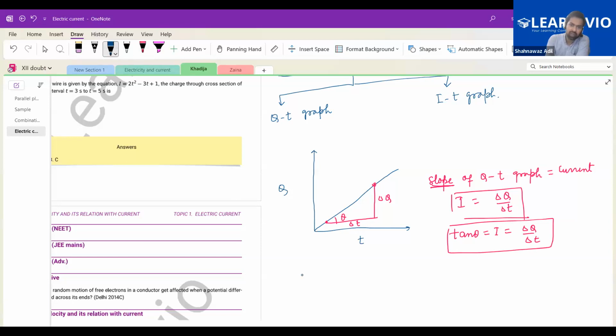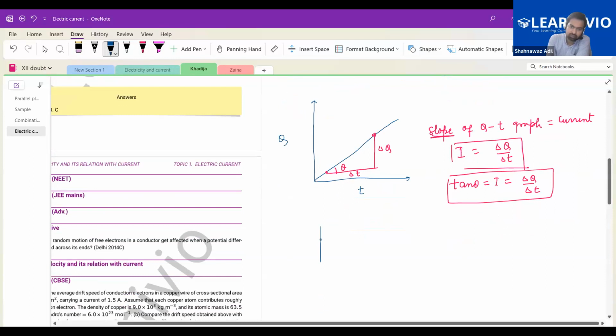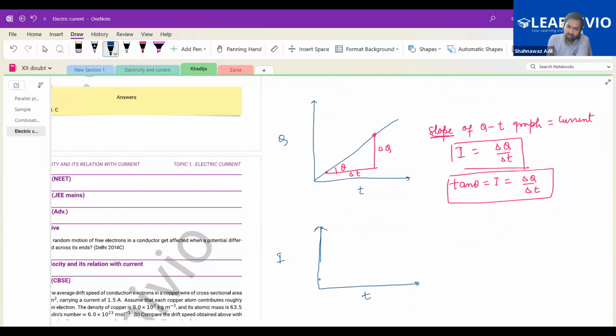If you have a current-time graph, let's say this is the kind of graph that you have. In the current-time graph, the area under the graph is given by the total charge.